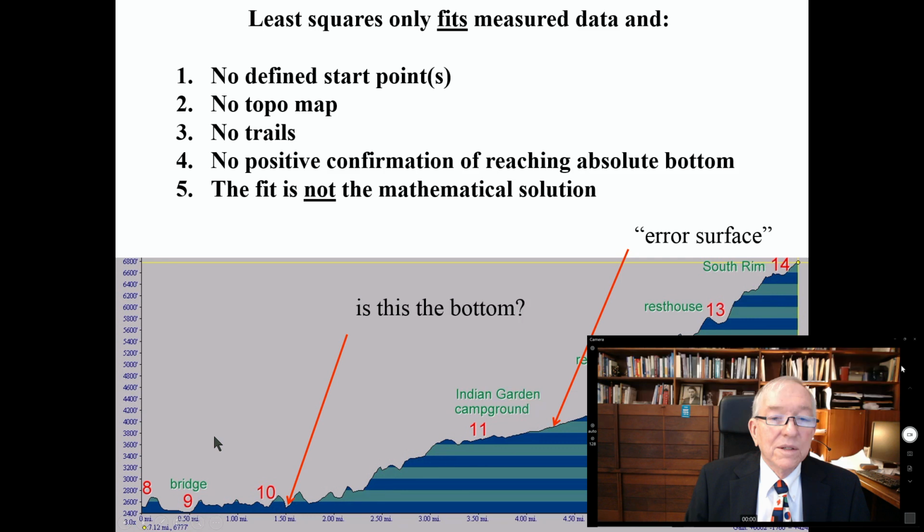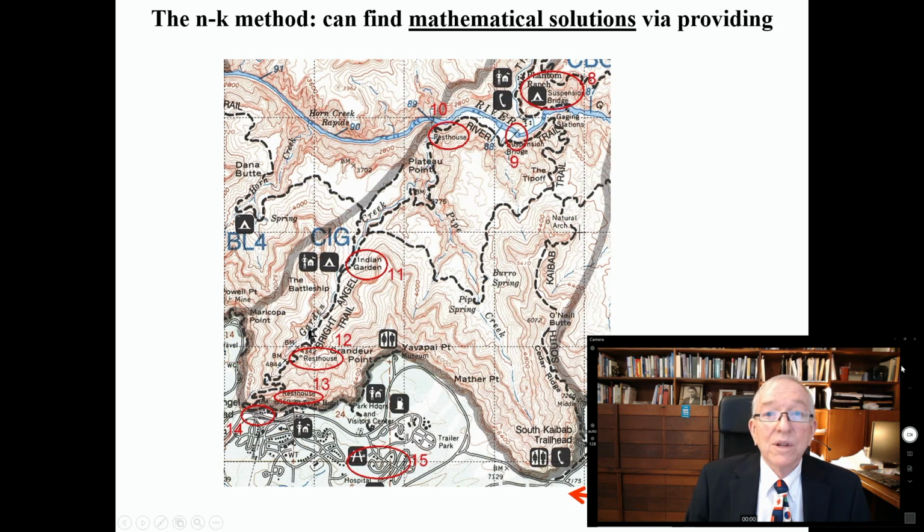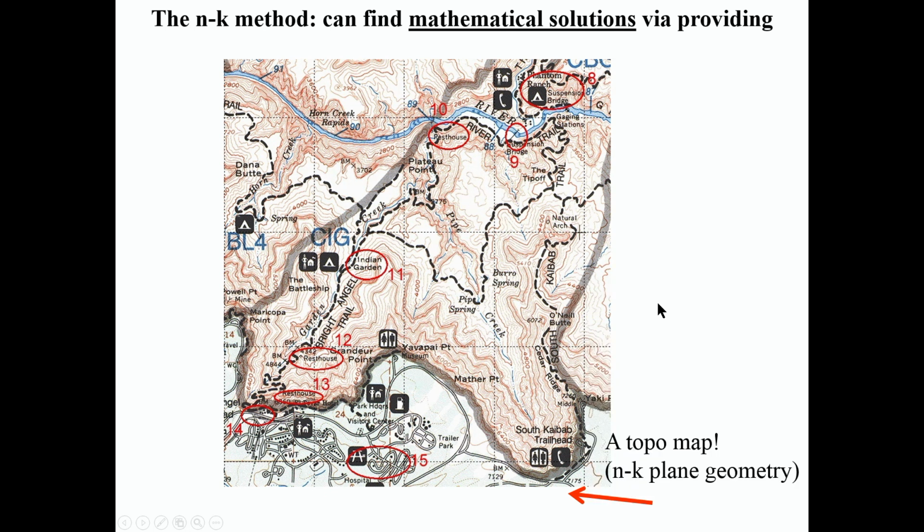And on top of that, it's a fit. So you're trying to fit all of the measured data points at the same time with all the computed data points in a least square sense. It works, but it doesn't work well for certain problems, and this is one of them, I believe. So to continue the analogy, we'd like to add a few things to our bag of tricks here.